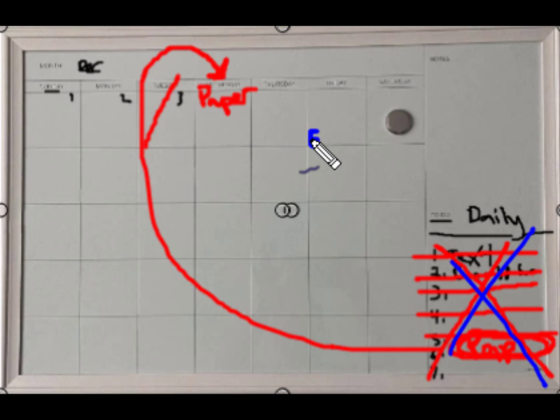I usually write down on the bottom, so Gen and then Q. You just spell it out and then label it here. And then over here, I have a final on Friday, and then on Monday, I've got a paper.